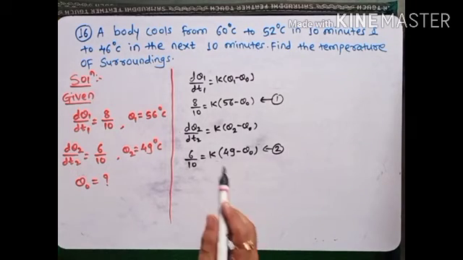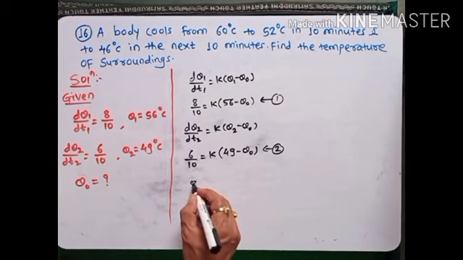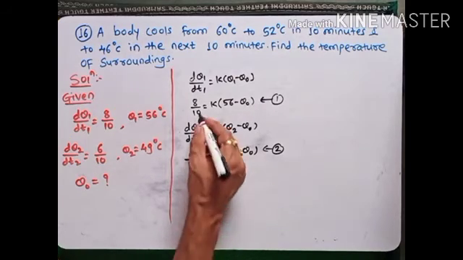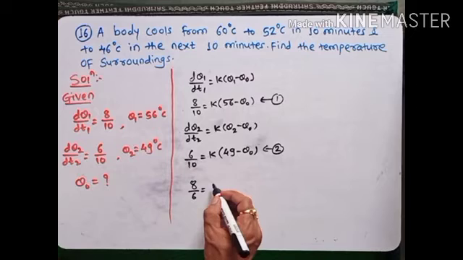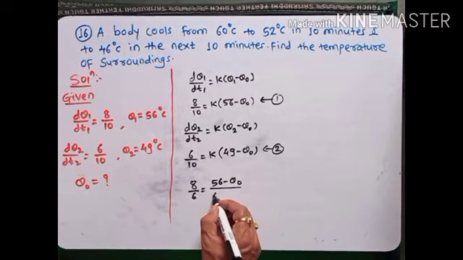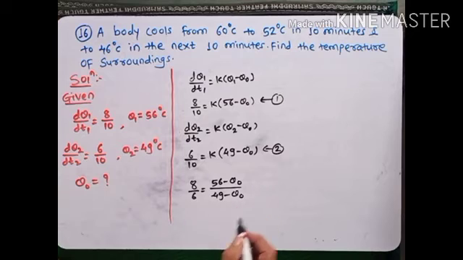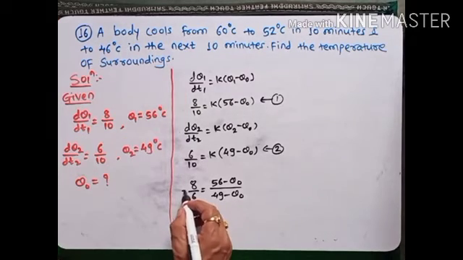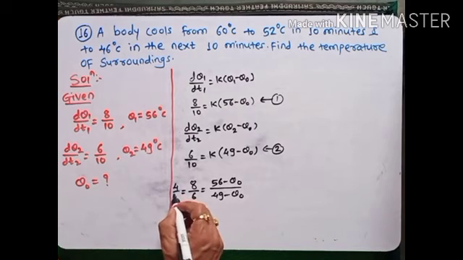We directly divide equation 1 by equation 2. We get here 8 upon 6 equal to, this 10 gets cancelled, k also gets cancelled, (56 minus θ0) divided by (49 minus θ0), and therefore we can write 4 by 3.